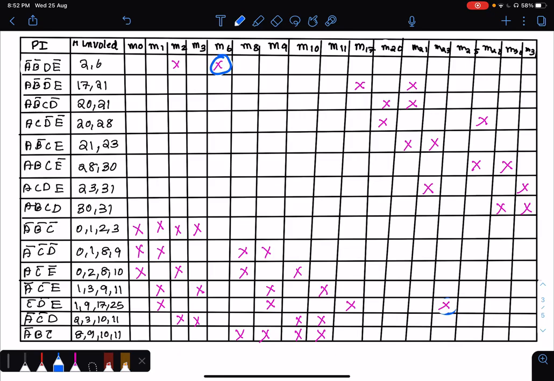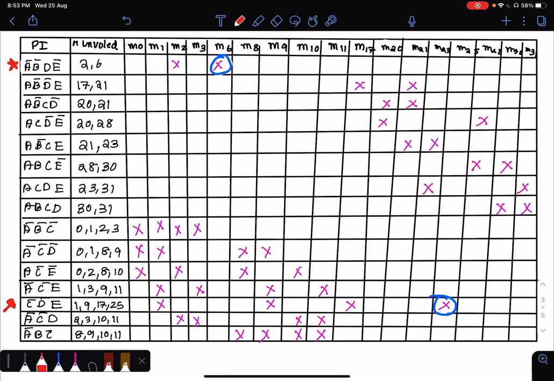M8 also has three crosses, M9 four crosses. Then the next single cross comes in M25, this column. Wherever there is a single cross, the corresponding row will be a prime implicant, and that prime implicant will be an essential prime implicant.